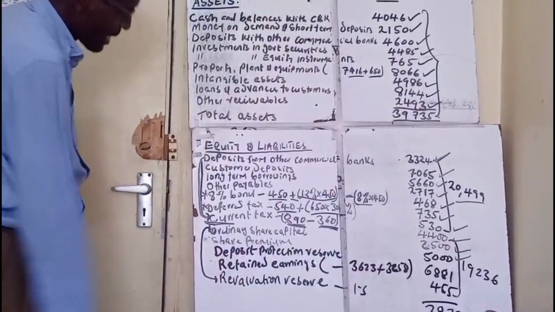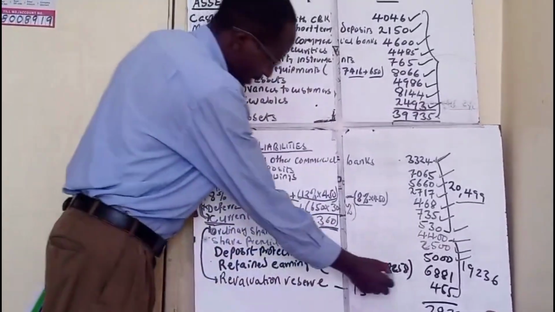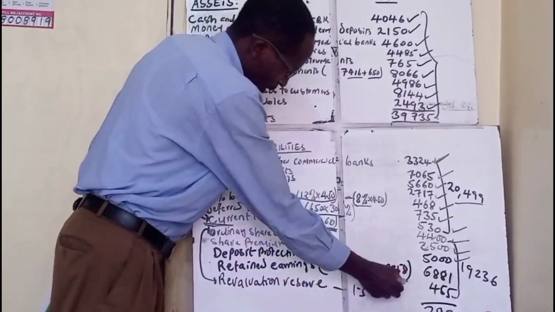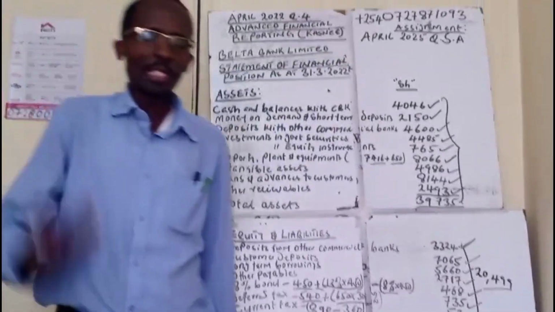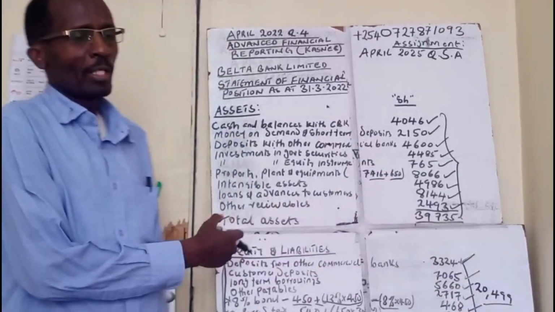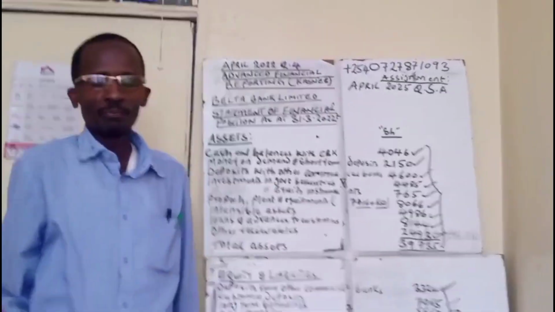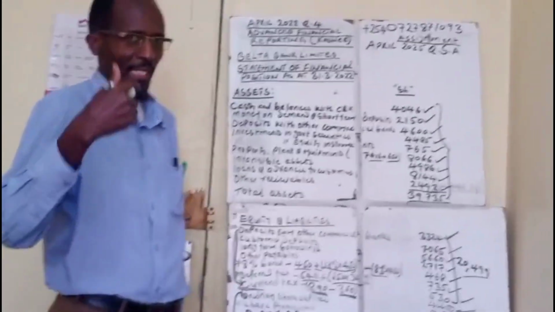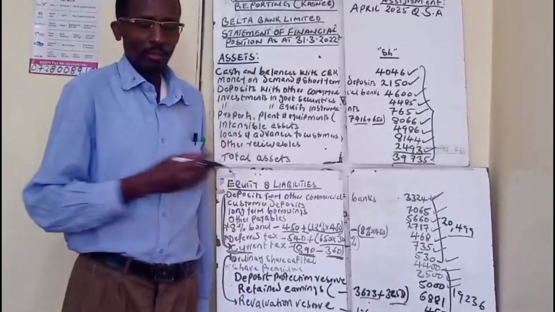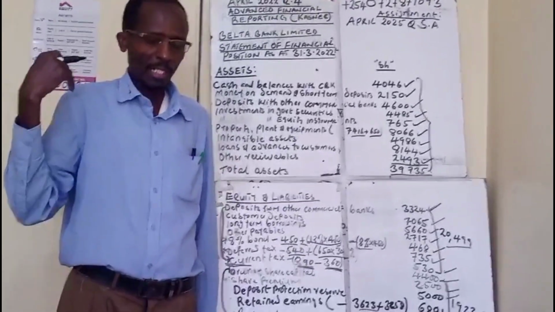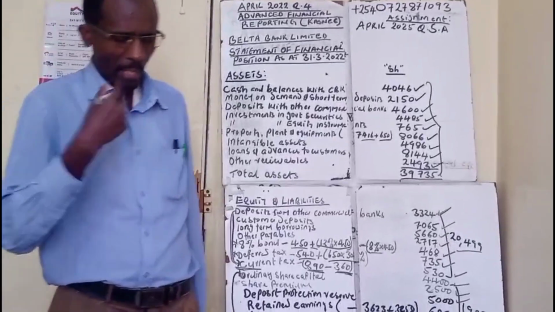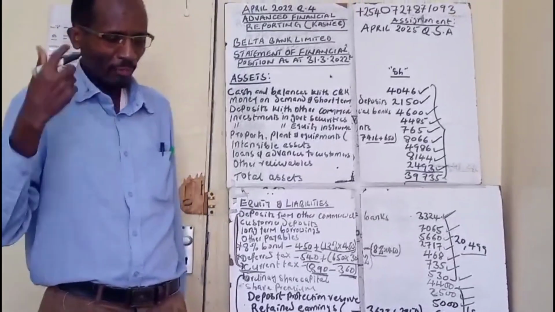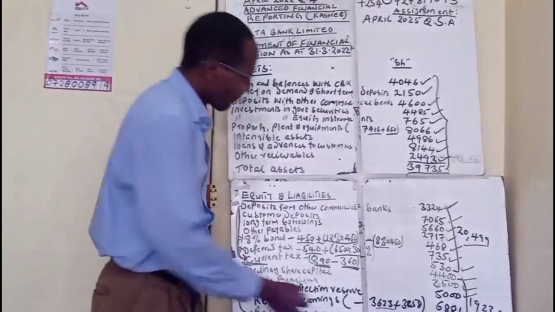Then retained earnings, you get this one and this one. One is the retained earnings brought forward, the one we started with, and the other figure is in the income statement, the previous calculation. If you look at our last lesson, where we did this question concerning the comprehensive income statement, you find our profit.